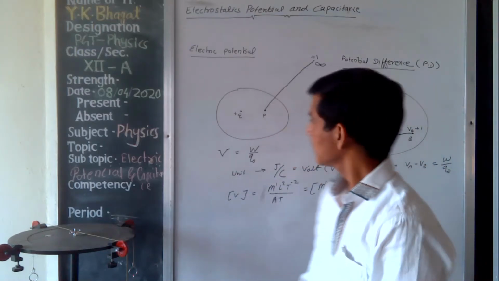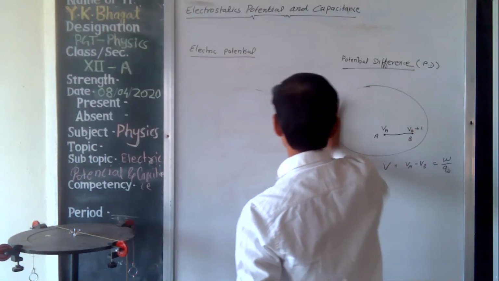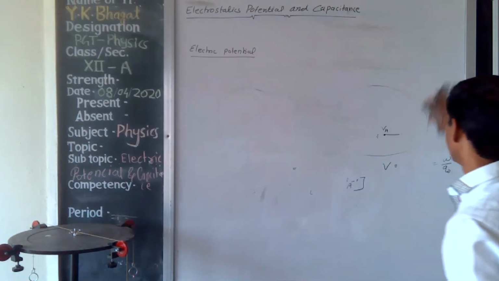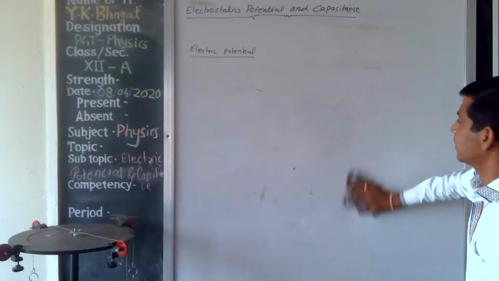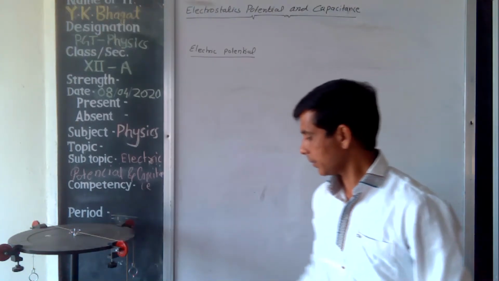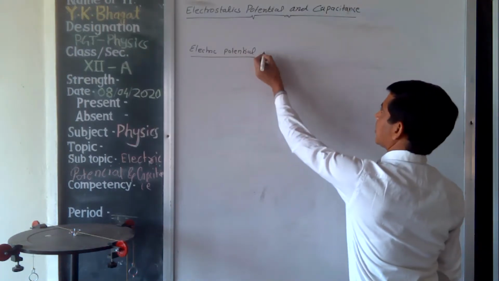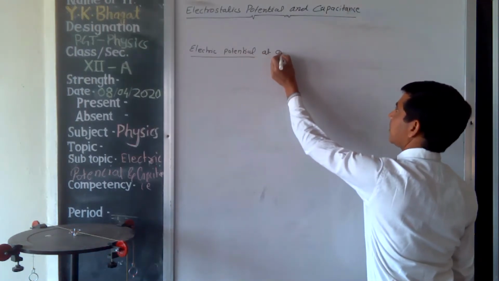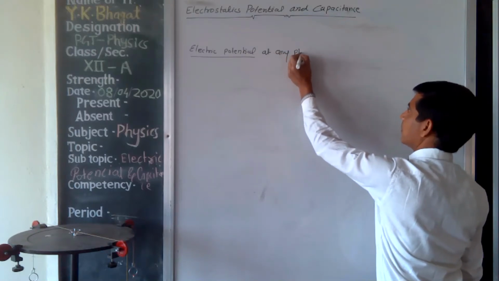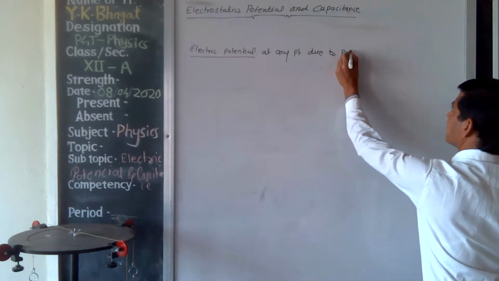Now we find the electric potential due to a point charge. Similar to the previous chapter, where we discussed the electric intensity due to a point charge, in the same way we find the electric potential at any point due to a point charge.